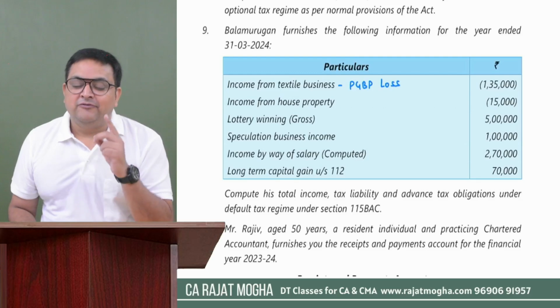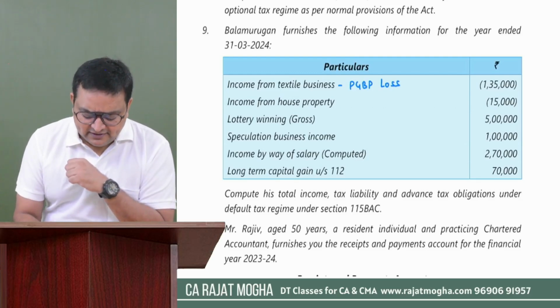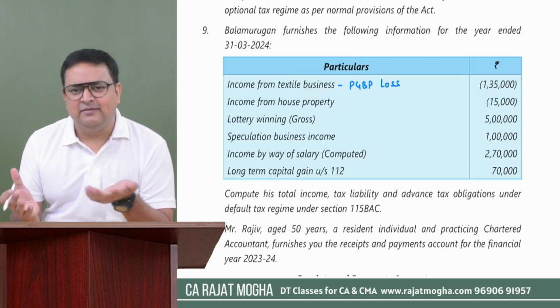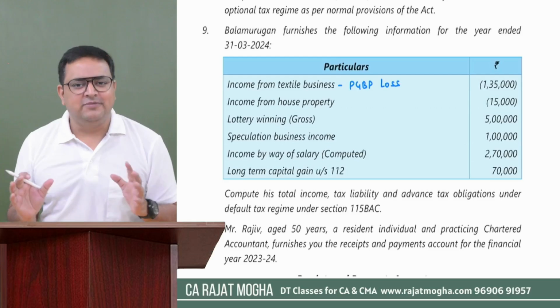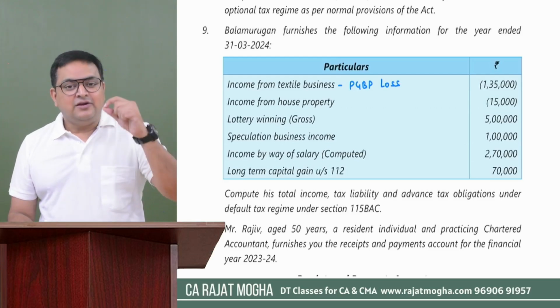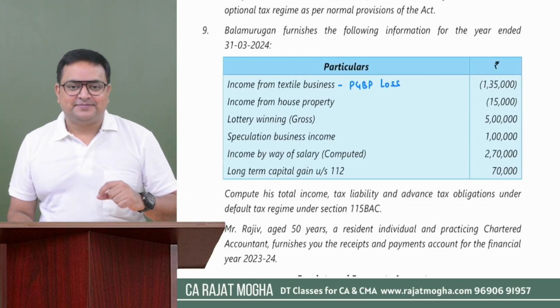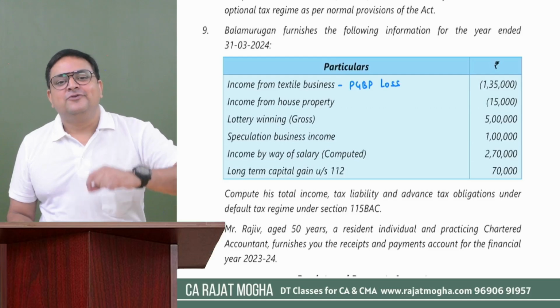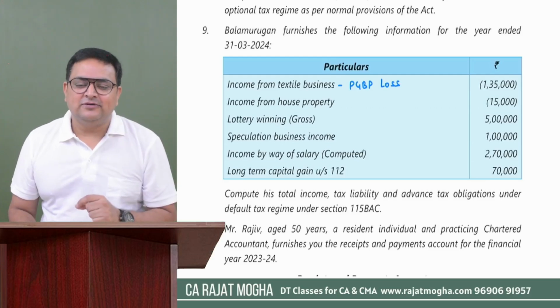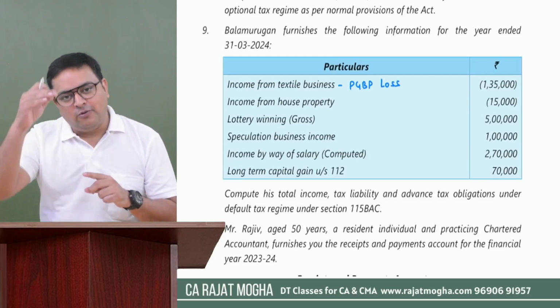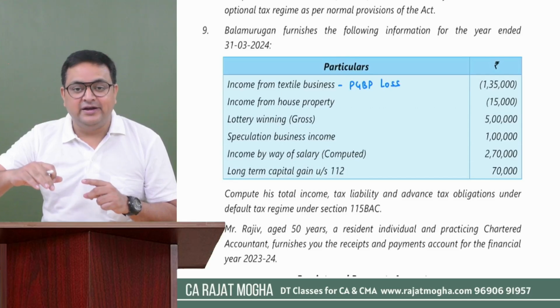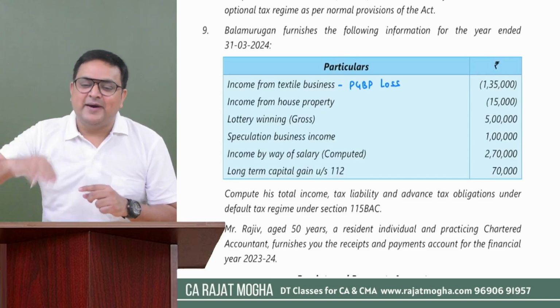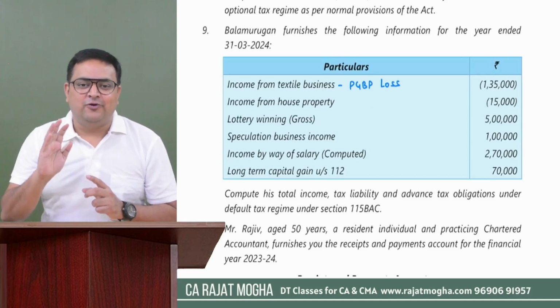And also, is this PGBP a speculative business? The answer is no. Textile business is non-speculative. It's a normal business. Can a normal business loss be set off from speculative business income? The answer is yes. Normal can be set off from speculative, whereas speculative cannot be set off from normal.